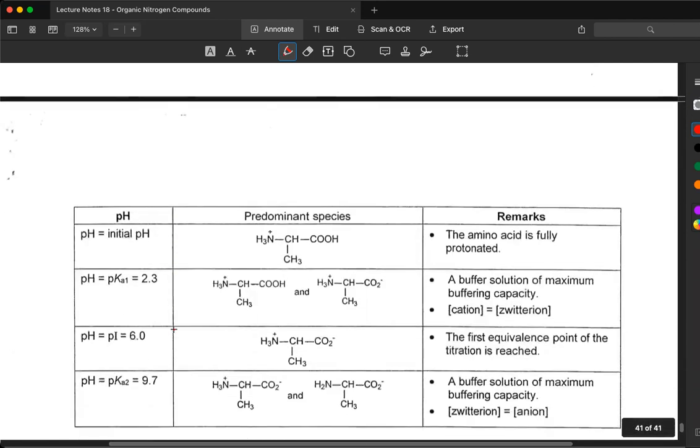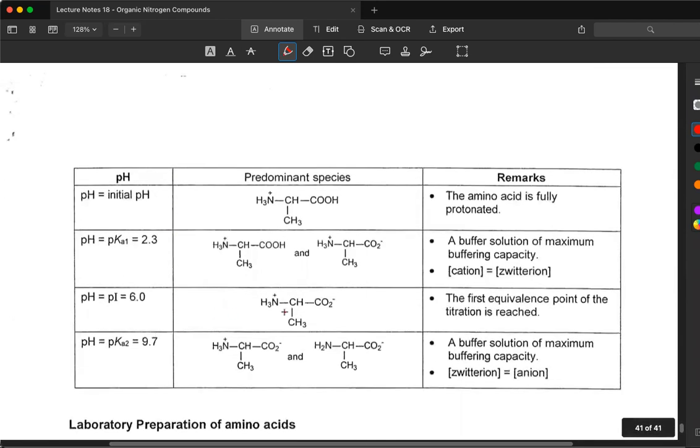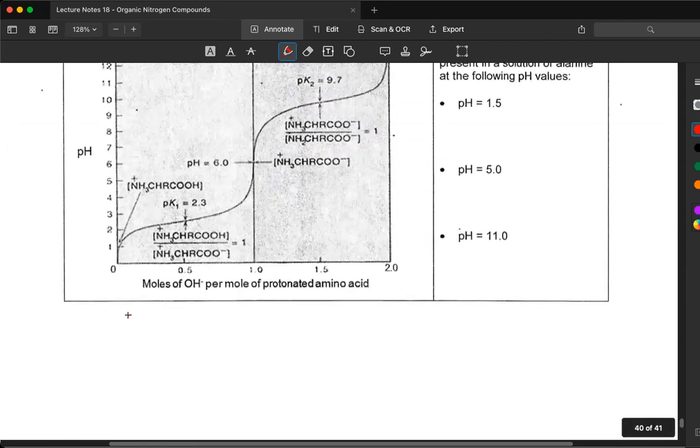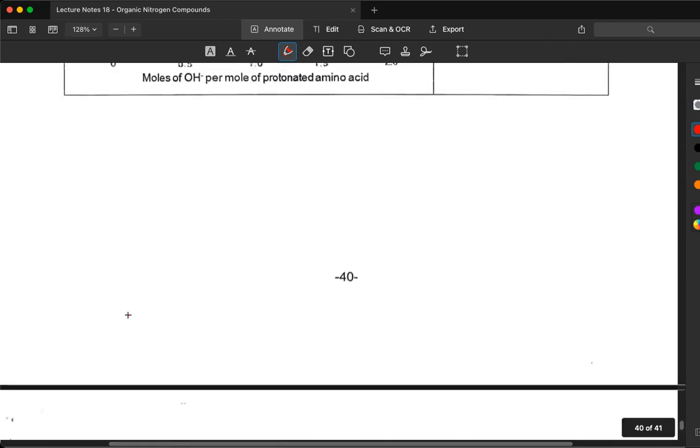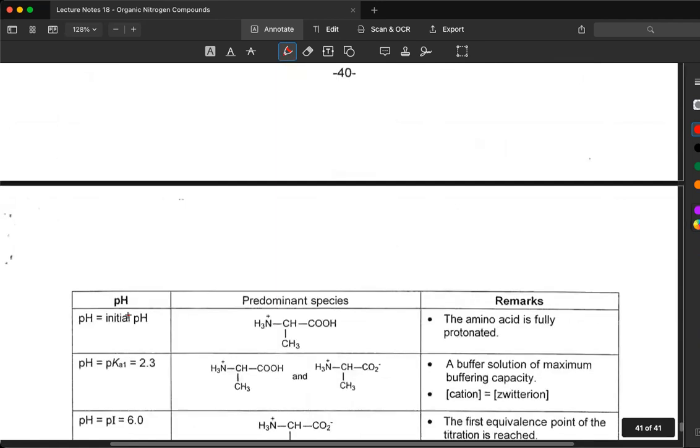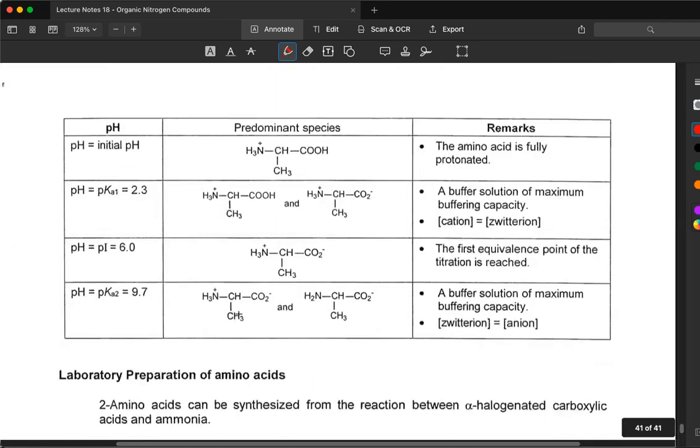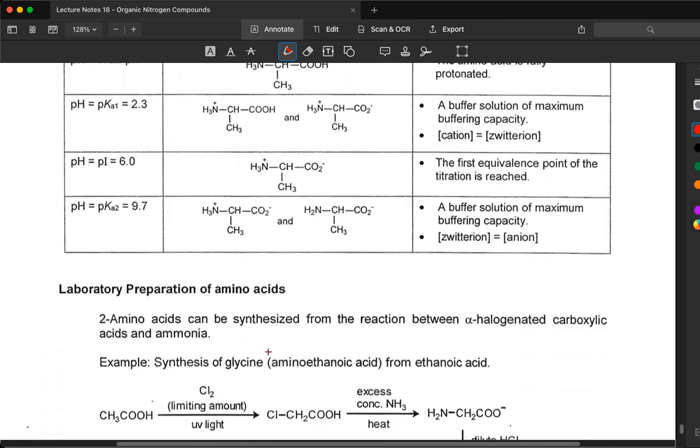When it reaches 6, that's where pH equals pI. Then you have the zwitterion. The first equivalence point of titration is reached. When pH equals pKa2, the buffer solution has maximum buffering capacity, and you have a mixture where the zwitterion equals the anion.